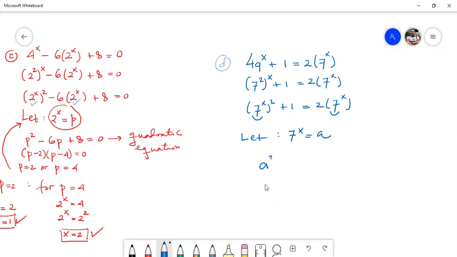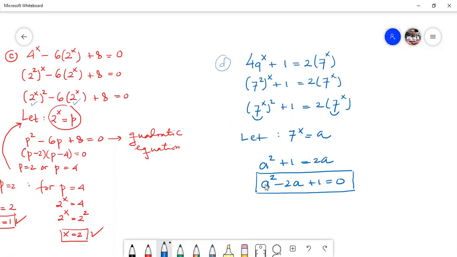So a squared plus 1 equals 2a, right? Once again, it leads you into a quadratic equation. So this is now the quadratic equation we have in terms of a. Then we can factorize this directly.